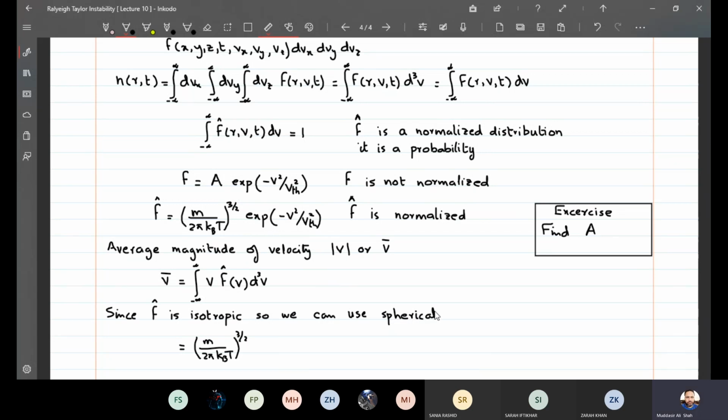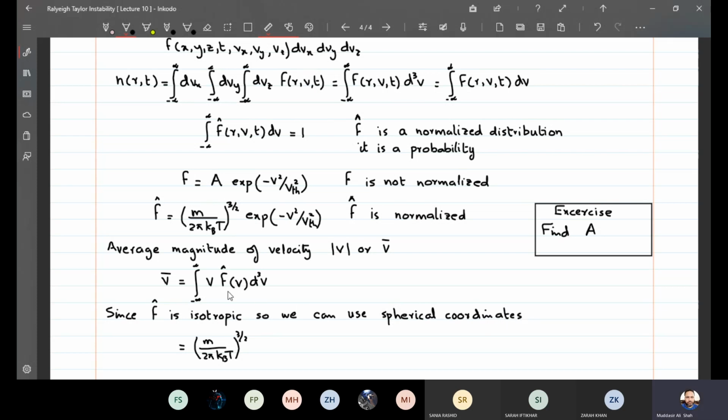As you know, spherical coordinates are isotropic. For an anisotropic distribution, the coordinates that depict anisotropy are the cylindrical coordinates, where you have different values of Vx and Vy. But here, if we use spherical coordinates, you have the same Vx and Vy. So we are going to use spherical coordinates.